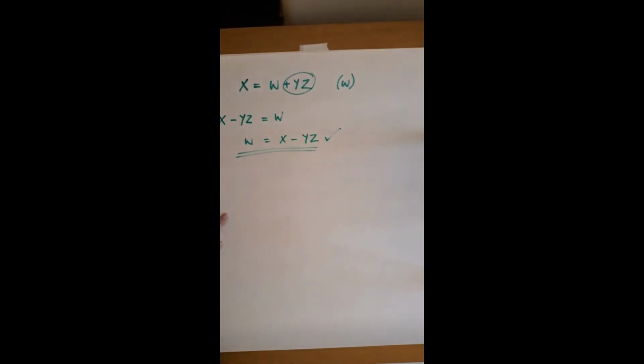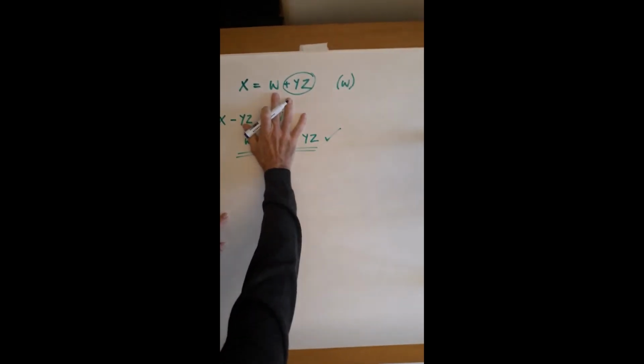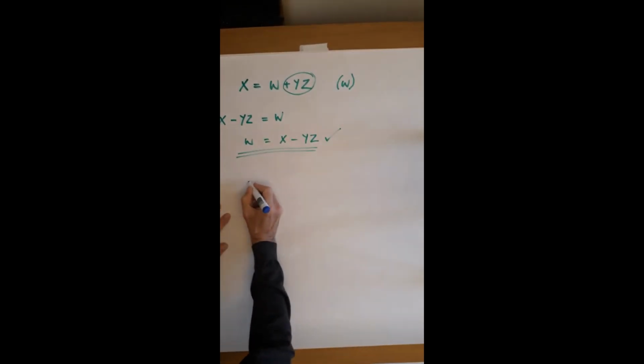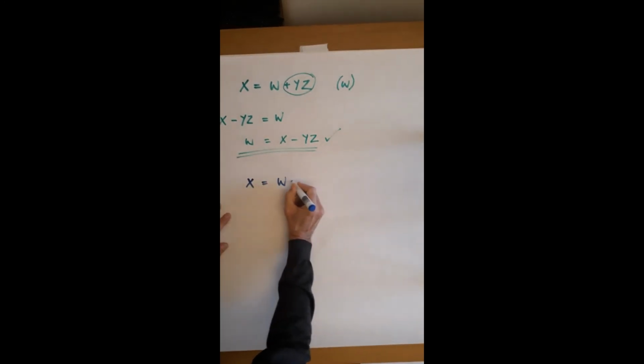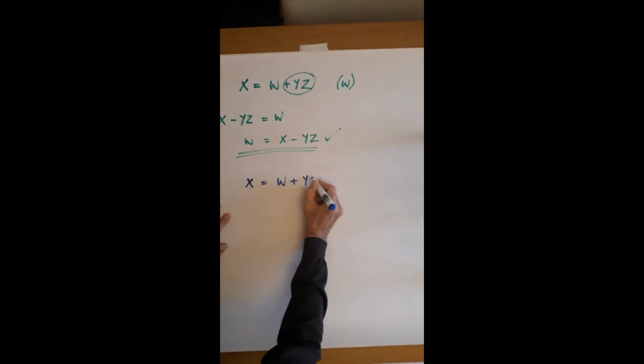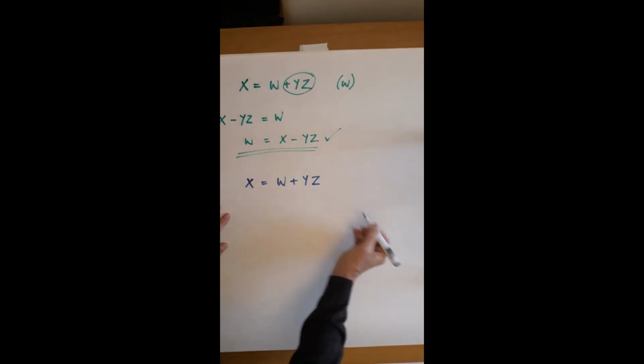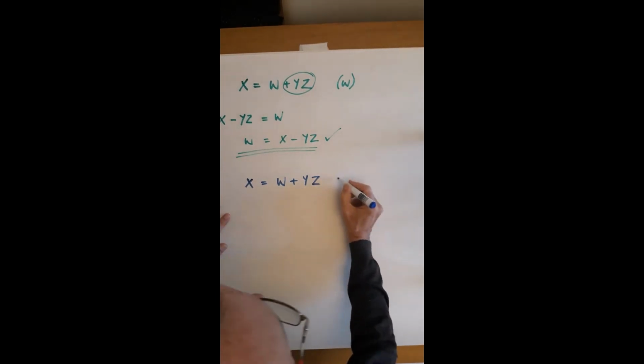The very last one, I just want to take this same formula and make it a little more challenging. So x equals w plus yz, and I'd like us to find the z.